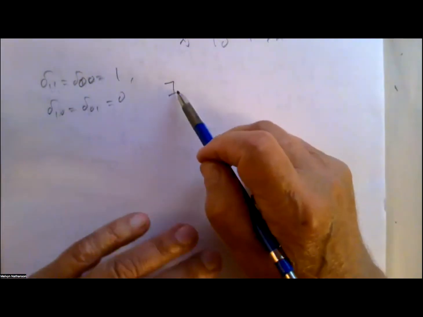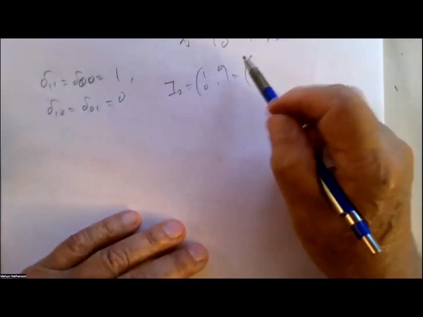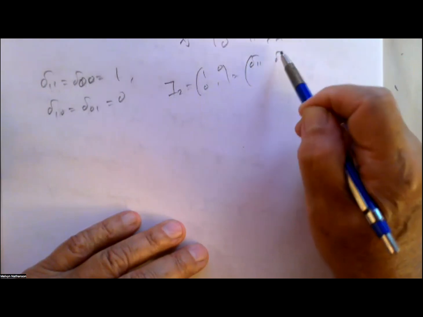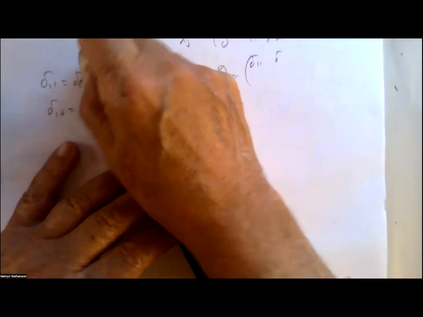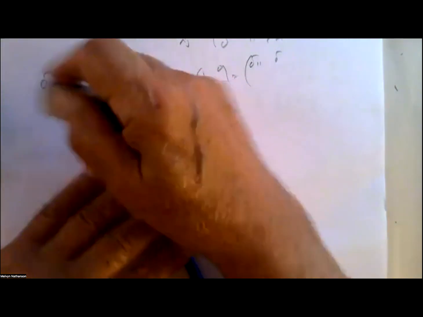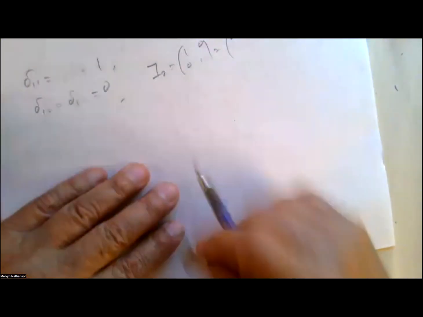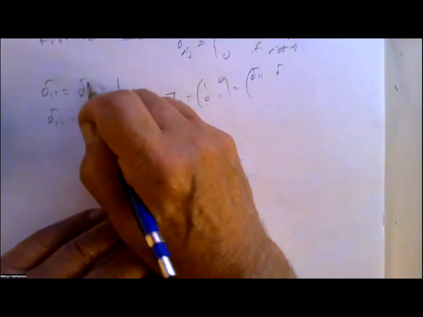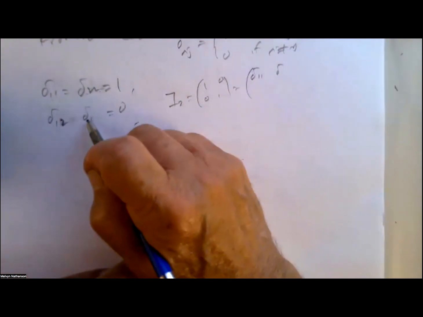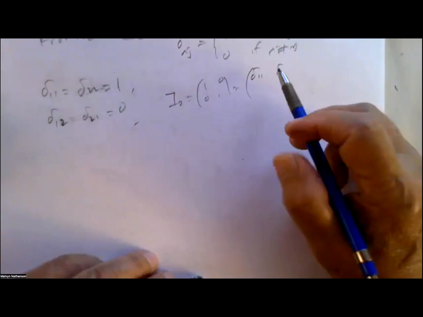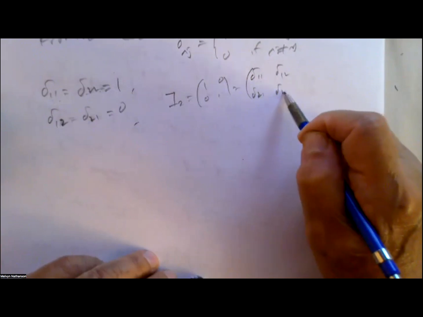So for example, the 2 by 2 identity matrix 1, 0, 0, 1 can also be written as delta 1,1, delta 1,2, delta 2,1, delta 2,2. Delta 1,1 and delta 2,2 are both 1, because the subscripts are the same. Delta 1,2 and delta 2,1 are 0, because the subscripts are different.